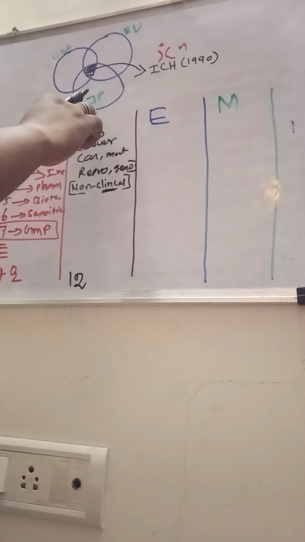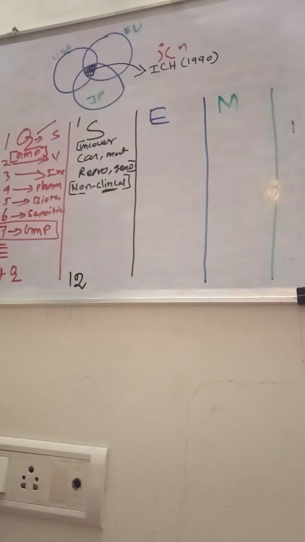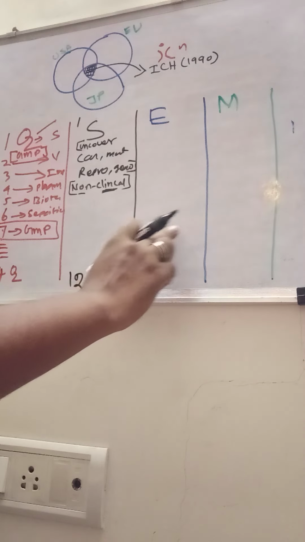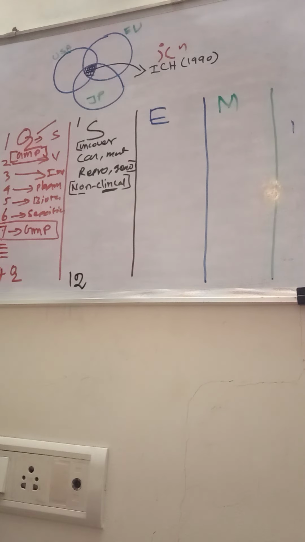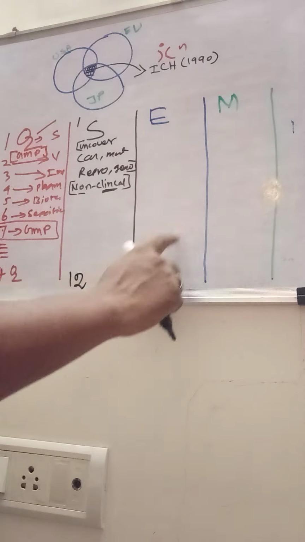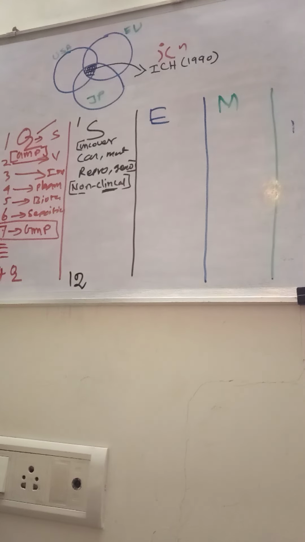So these particular guidelines focus mainly on advanced toxicity related aspects. These two are major and very important in the field of pharmacovigilance, which we will discuss in a bit more detail.